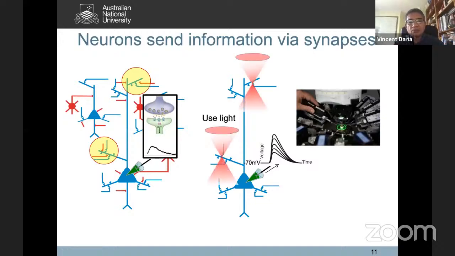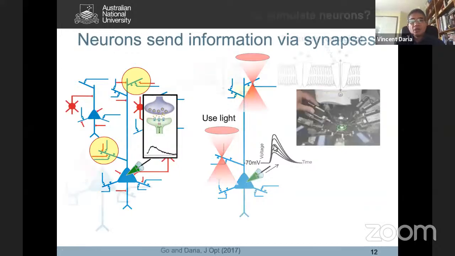Instead of using electrodes here, we use lasers to emulate synaptic inputs. And we only have one electrode that's connected to the soma, which is this one here. And depending on the organization of these inputs, we can then record the output here, depending whether there's a single input or two inputs, and so on and so forth.